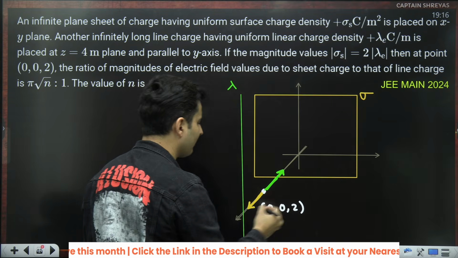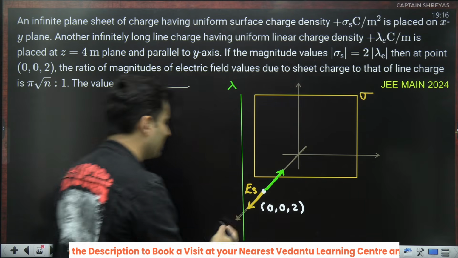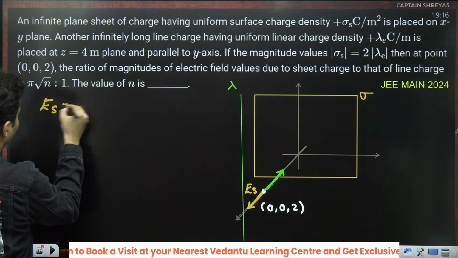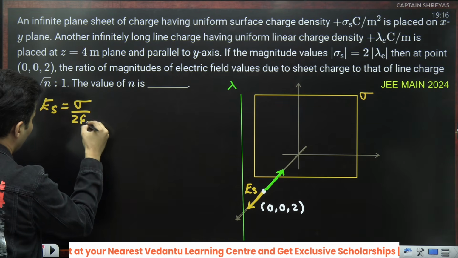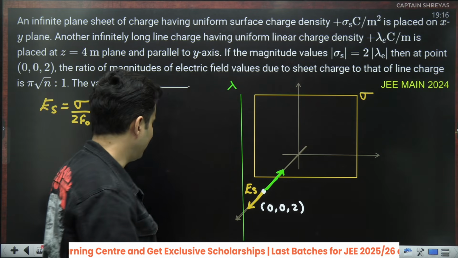How much will be the electric field due to the sheet? Simply put, it is sigma by 2 epsilon naught. Distance does not matter. Keep that in mind.